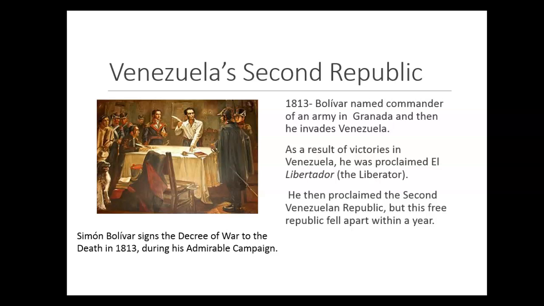He then proclaimed the Second Venezuelan Republic, but this free republic fell apart within a year. Bolívar had outsmarted the Spanish during the Admirable Campaign, but he had not defeated them, and there were still large Spanish and Royalist armies in Venezuela.